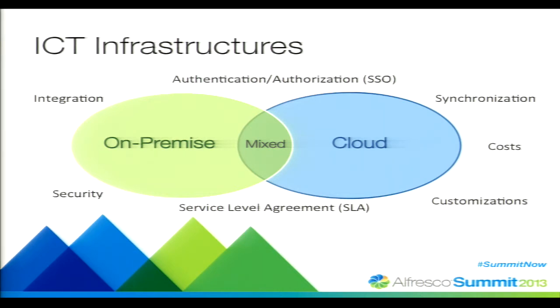And around this, we have many factors, such as integration, authentication, synchronization, cost, customization, etc., that, depending on the requirements or the needs that your company has, you have to decide if you are here, you are there, or you are in the middle, okay?